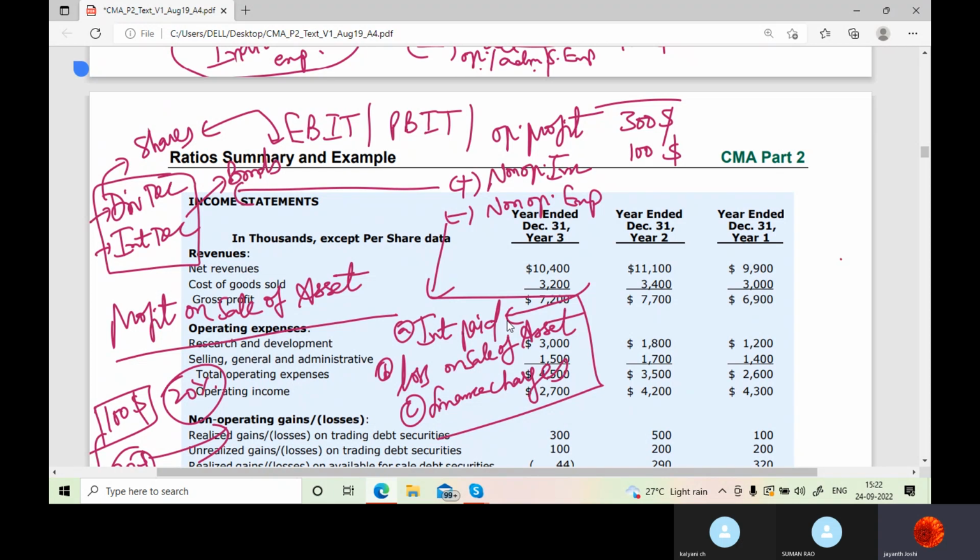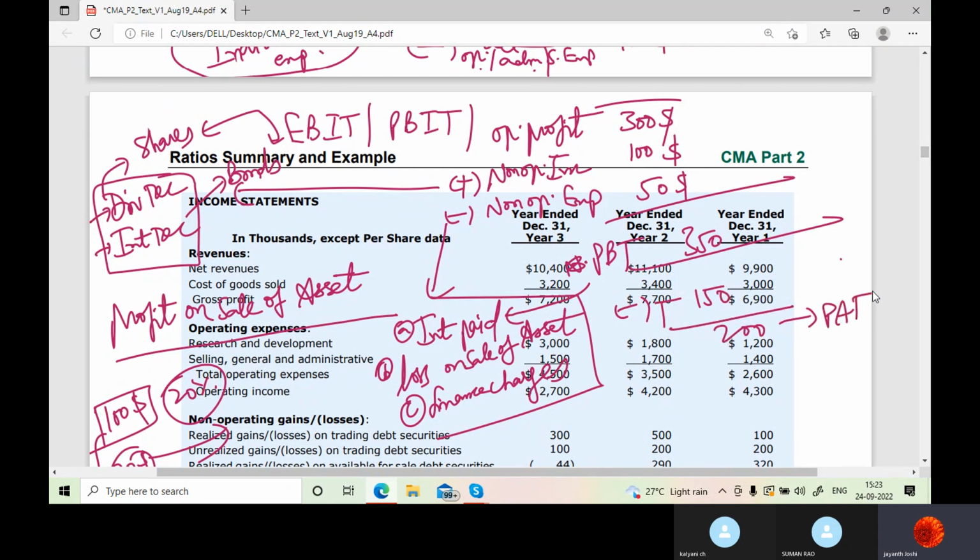It's not a part of your operating activity, correct? So now altogether, if I take this $50, my net profit, let's say PBT, I will be getting 350, less tax 150, 200 is my PAT, profit after tax.